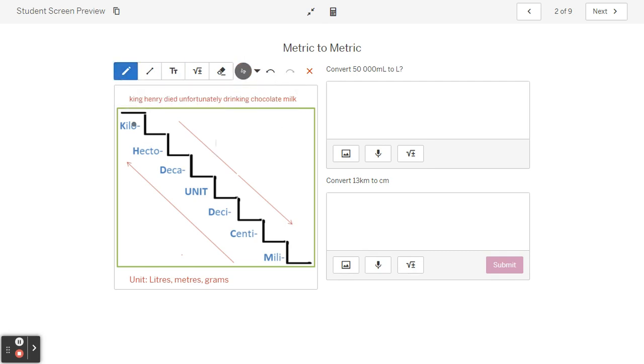Okay, so first, if I'm going from a value that is large, like a kilogram, and I want to make it into milligram, I am going to be multiplying by 10 each time I take a step down. Or we could say we're moving the decimal spot to the right for each step.